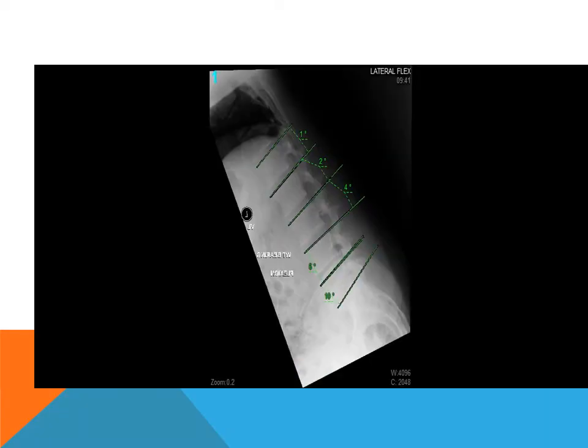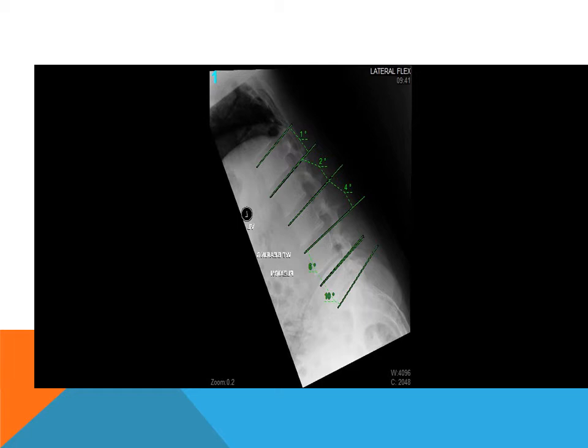So here on the flexion film, I've now measured the intersegmental angles, and the angle at L1, L2 measures plus 1 degree, which indicates that the lumbar spine vertebrae is in a position of flexion. The next one, L2, L3, is plus 2 degrees.